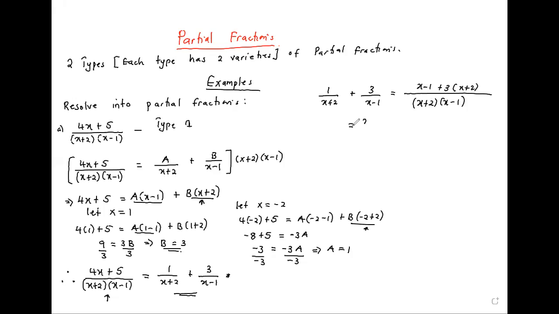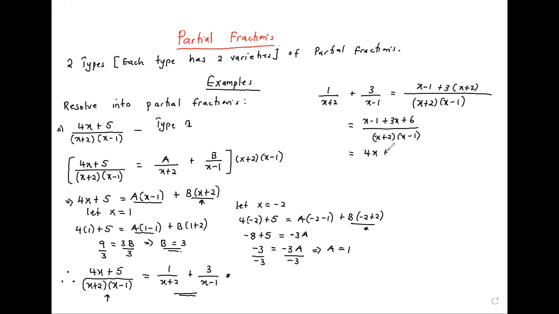This is giving us x minus 1 plus 3x plus 6 over x plus 2, x minus 1. We simplify x plus 3x, we get 4x.